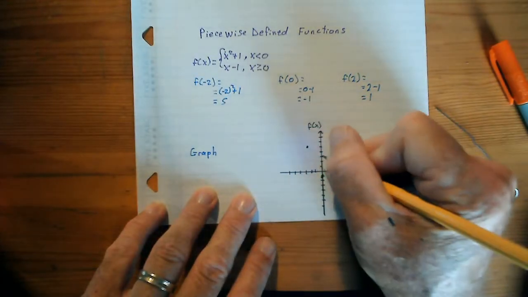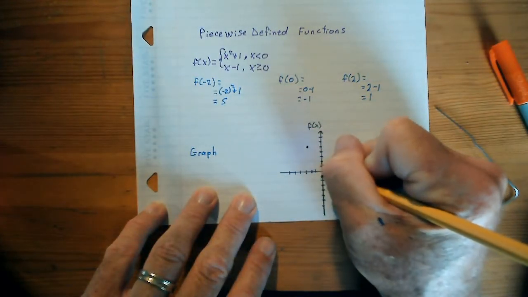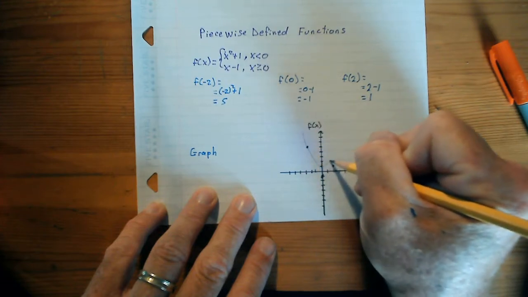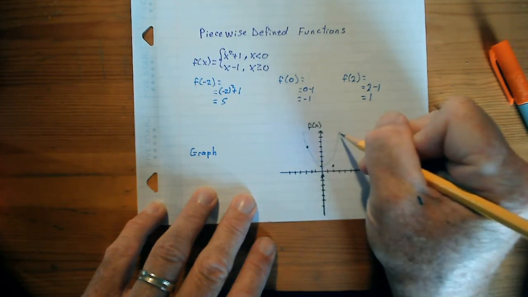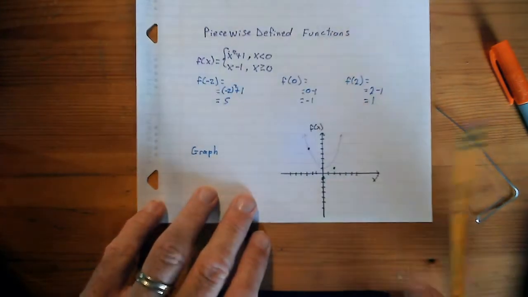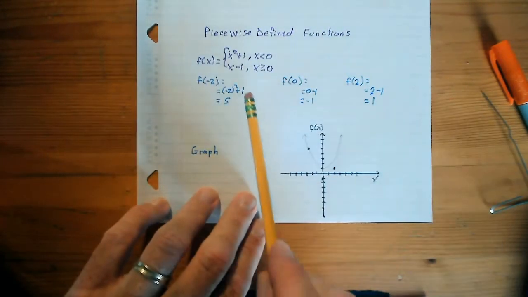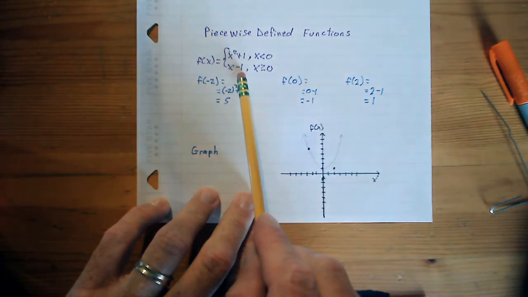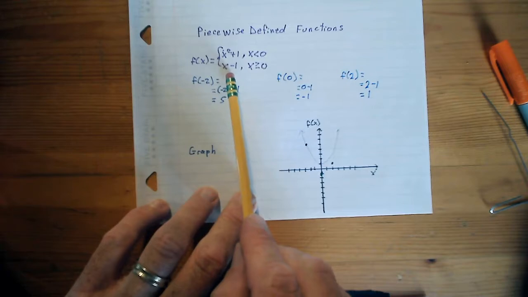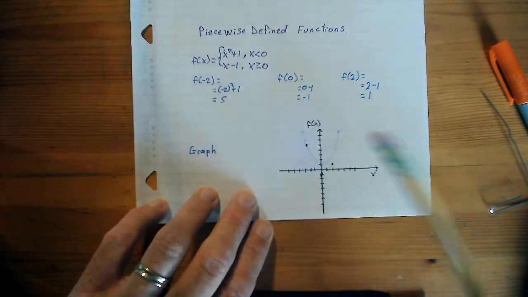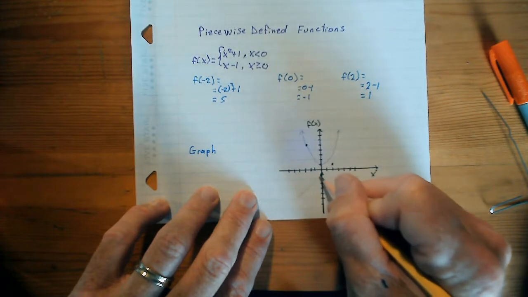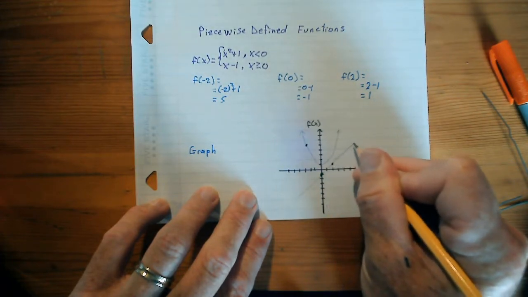So my parabola starts here and it would look like that. I know that's faint. That's faint on purpose. And the other one is x minus 1. So that's just a straight line. It's a linear equation with a y-intercept of negative 1. So there's negative 1, and it's going to look like that.